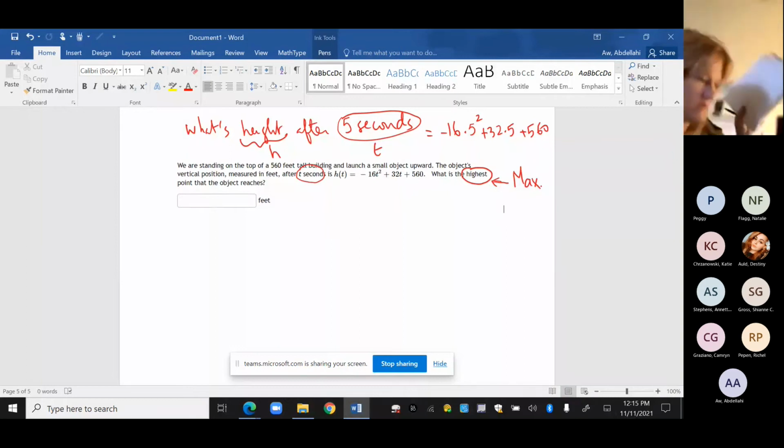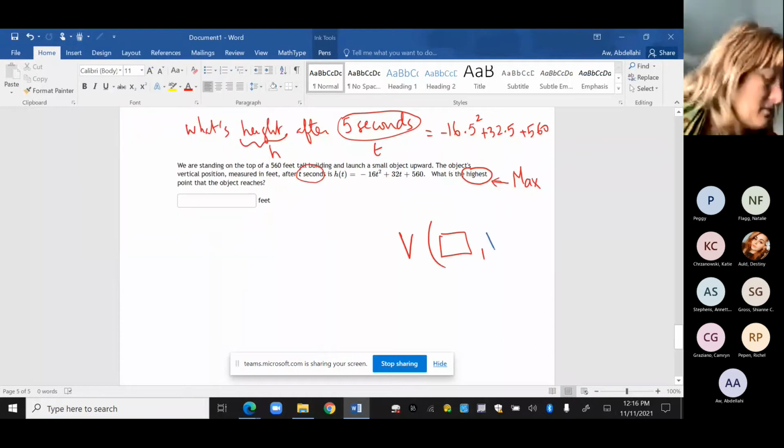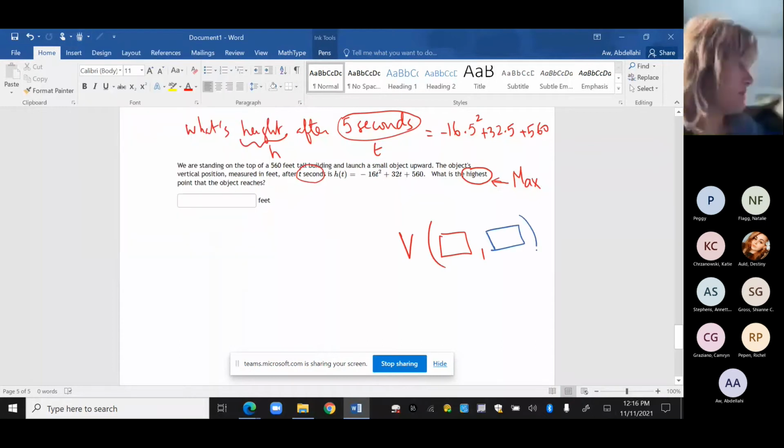What is the maximum point the object reaches? I know the answer will be in the vertex. The vertex is going to be this and this.